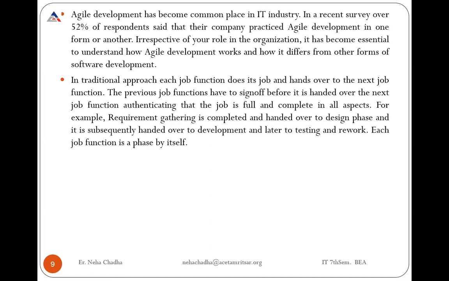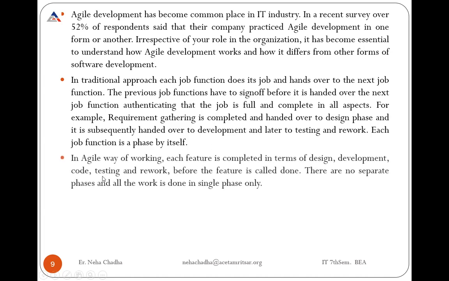Each job function is a place by itself. In the agile way of working, each feature is completed in terms of design, development, code, testing, and rework before the feature is called done. There is no separate phase and all the work is done in a single phase only.